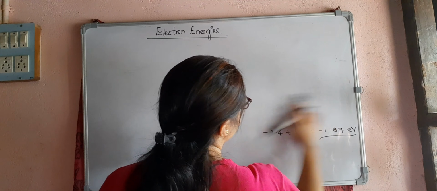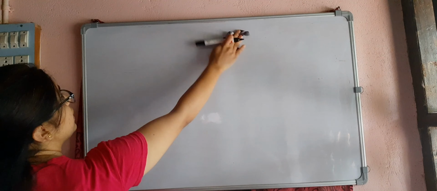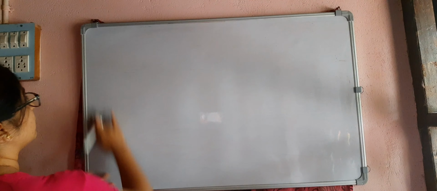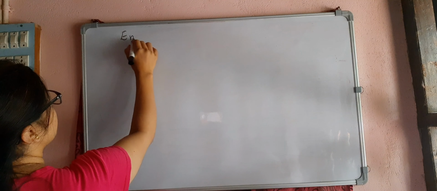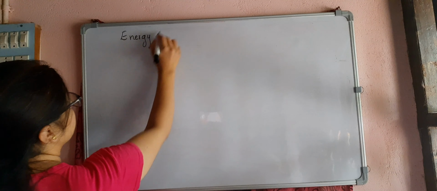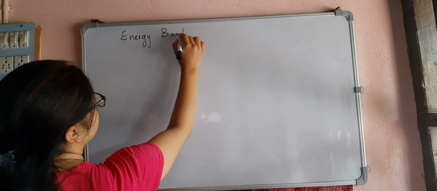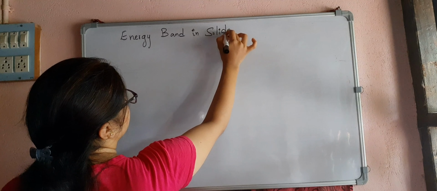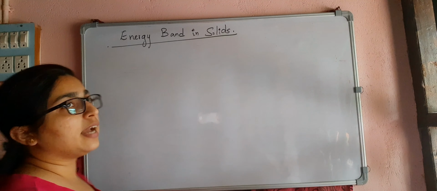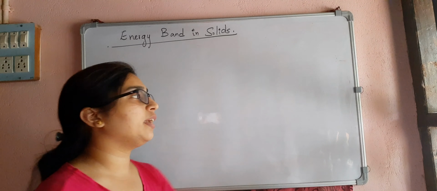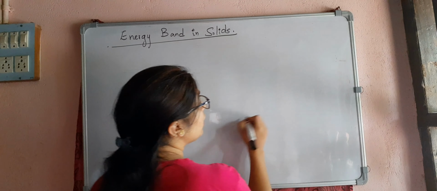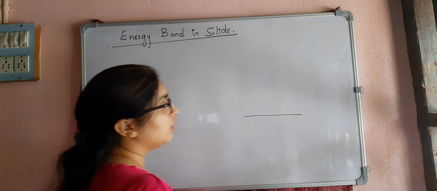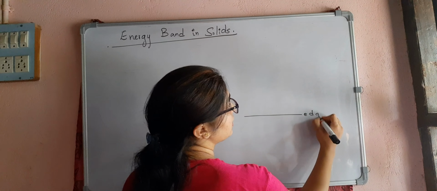So when we study the energy band in solids, if I consider an isolated atom, a single atom, then we can say this is the edge of the nucleus.